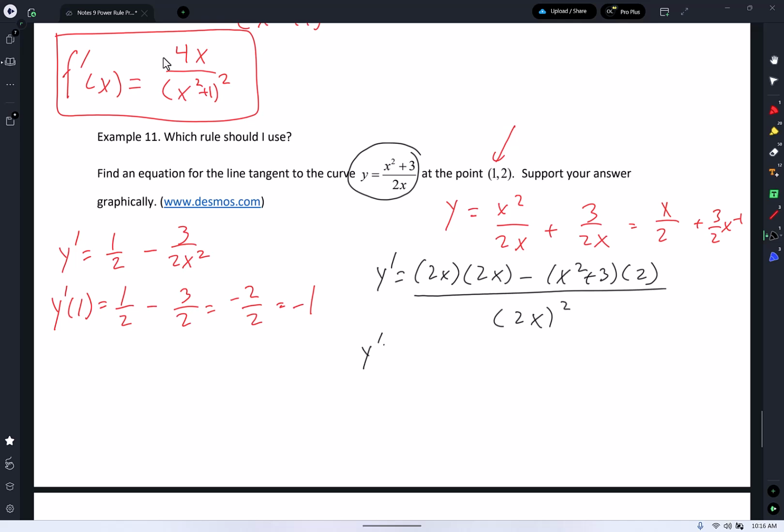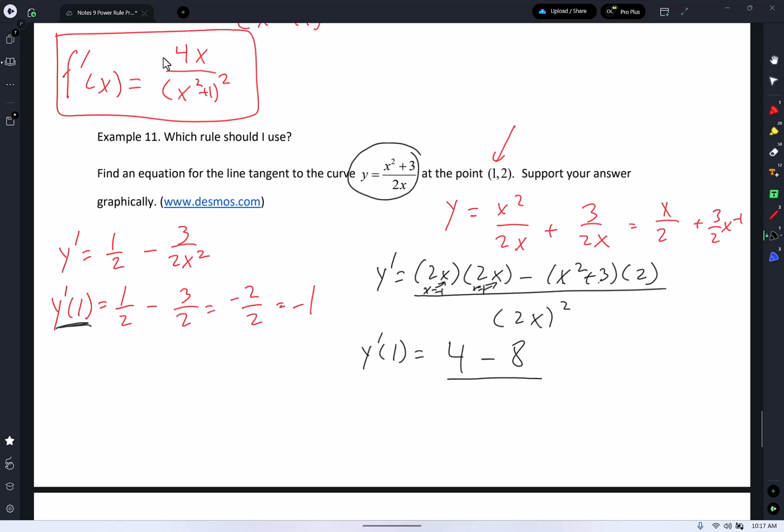I'm going to go y prime of 1 because I want to know what my slope is at 1. So let's see. If I plug in a 1 for x, x equals 1, you get 2 times 2, which is 4. Minus, let's see, 1 squared is 1, 1 plus 3 is 4, and 4 times 2 is 8.